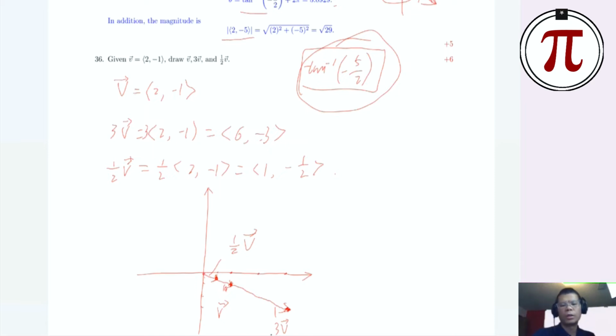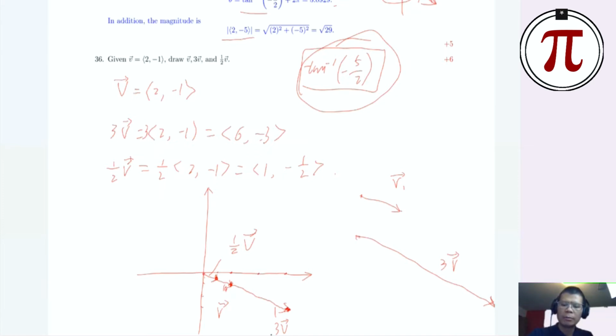You can also just draw something like this, V. Something really long, 3 times long, 3V, but the direction should be pointing in the same direction.